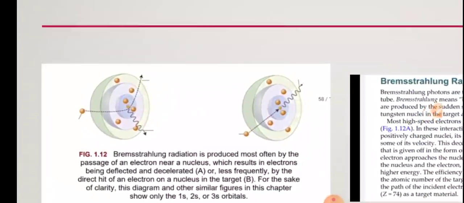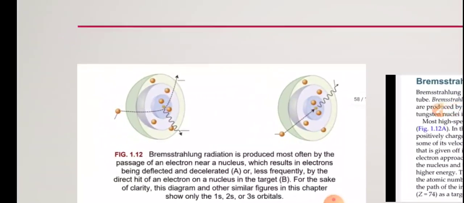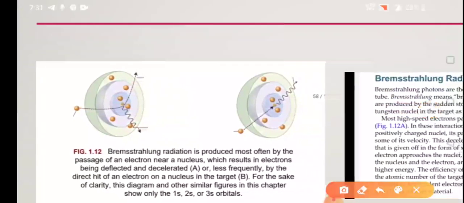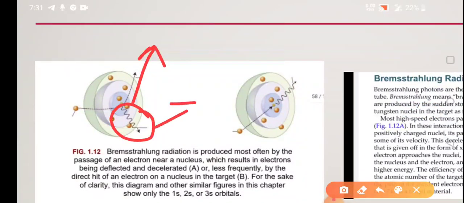Suppose this is an electron that is coming and that is hitting the target like this. So it is going to emit one of its electrons that is present like this here, and in between it is going to release this. This is known as your X-ray.